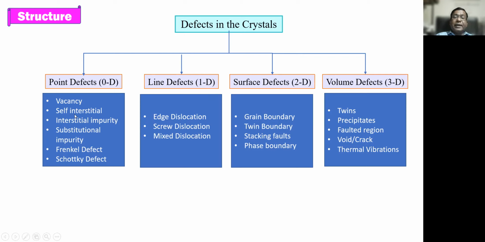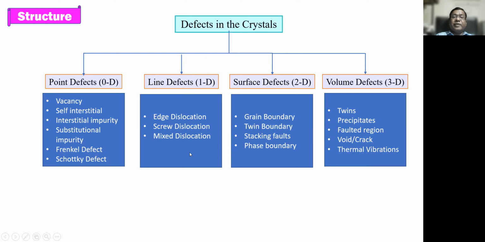It depends upon whether one atom is missing or occupying a site, or whether another element's atom is coming in. The Frenkel and Schottky defects are a combination of two types of point defects.